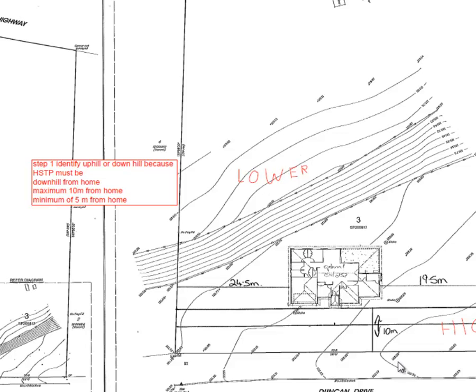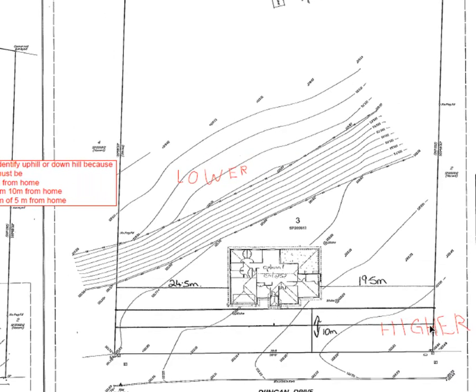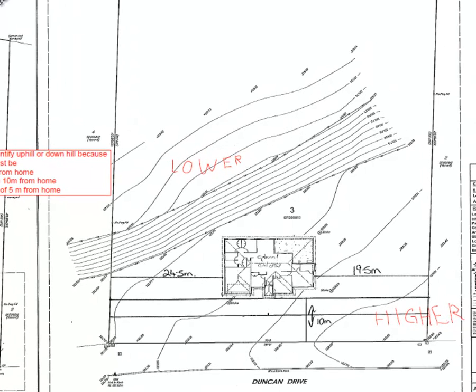And once you've got that sorted, you can work out that this side of the block over here is actually higher, and this side down here is lower. So step one is to identify which is uphill and which is downhill. And the reason for that is that the HSTP must go on this half of the house because it is downhill. So the HSTP has to be downhill from the house. There's just no way around that.